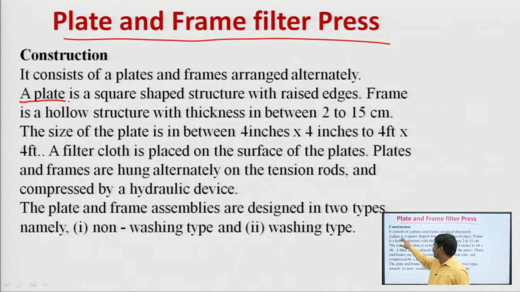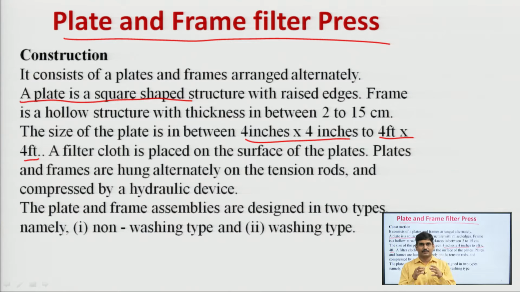What is a plate? A plate is a square shaped structure. The shape of the plate is square. It may be 4 by 4 inches or 4 feet by 4 feet. That means the size of the plate lies between 4 by 4 inches and 4 feet by 4 feet. Okay. Frame.